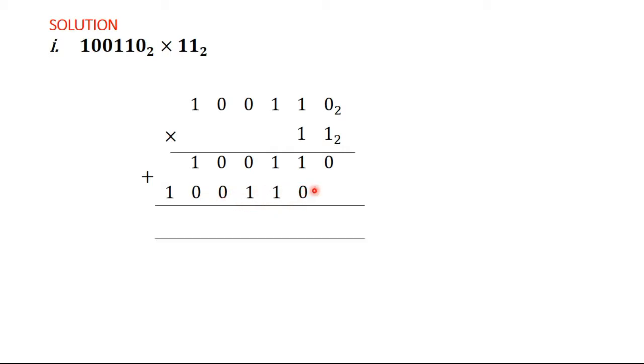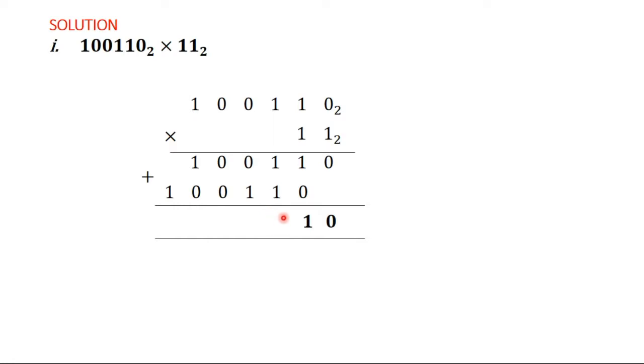So we do the addition. Don't forget that the addition is in base 2. So we have 0 plus, there is no number here, so it means that the number there is 0. So 0 plus 0 will give us 0, in base 2 will be 0. Then 1 plus 0 will give us 1, 1 in base 2 is 1. 1 plus 1 will give us 2. 2 in base 2 is 1 remainder 0.